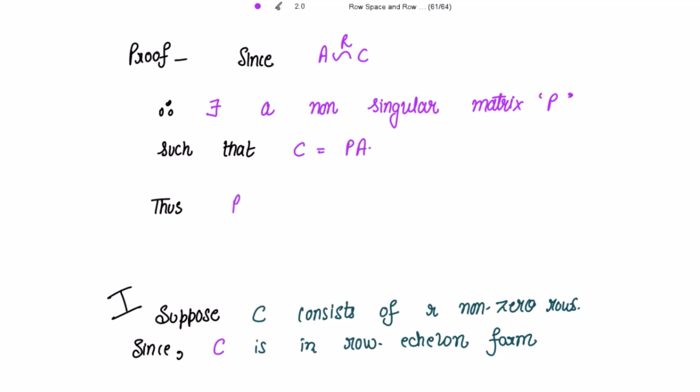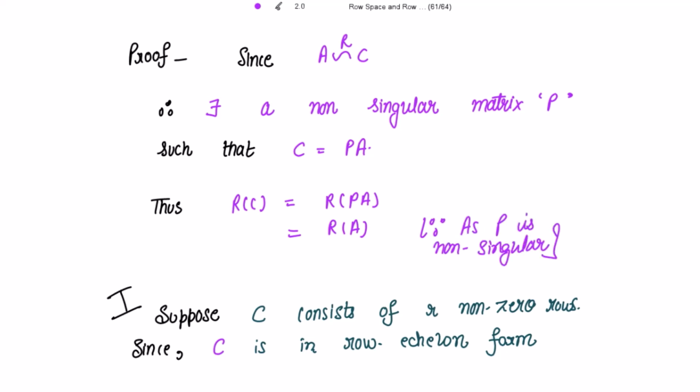Thus the row space of C is equal to the row space of PA. This is a result I have used here, and the row space of PA is further equal to the row space of A. This is another result for the non-singular matrix P, as P is a non-singular matrix.